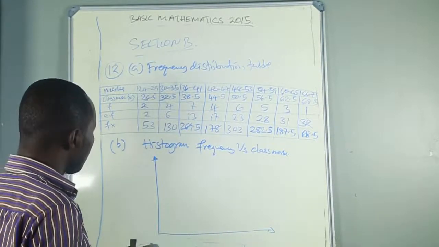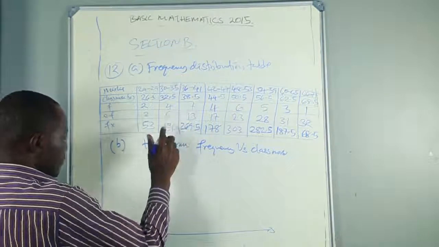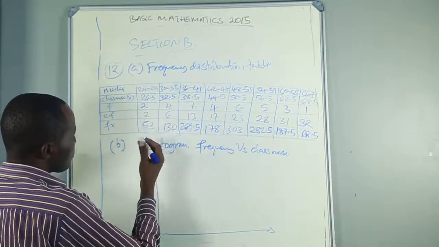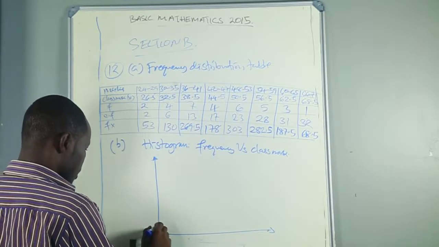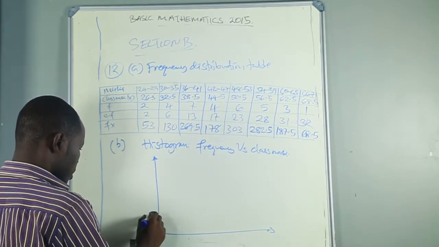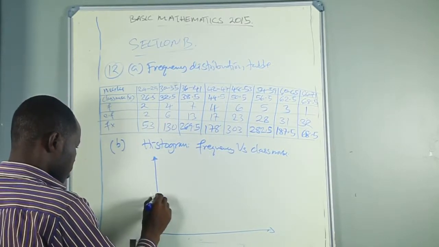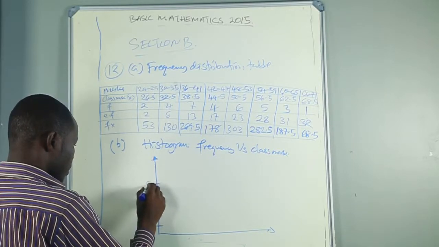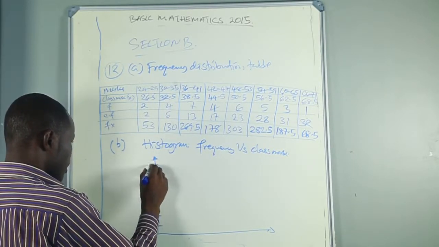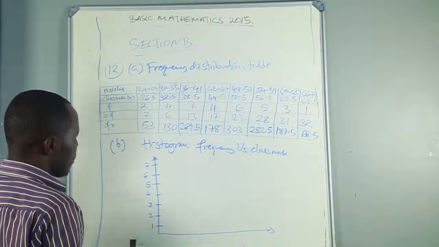Highest frequency is 7. So the interval is 1 centimeter to 1 unit. 1, 2, 3, 4, 5, 6, then 7. Class mark.